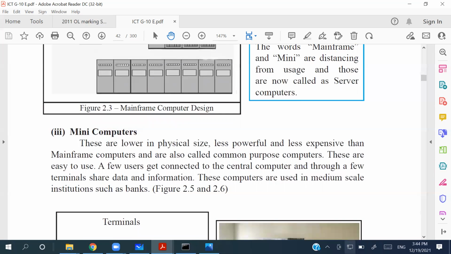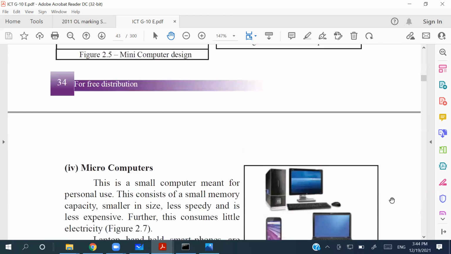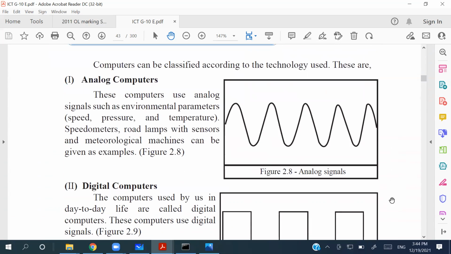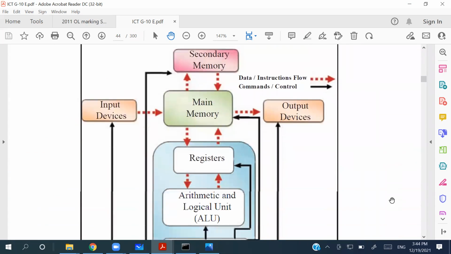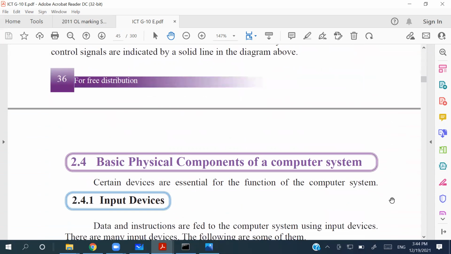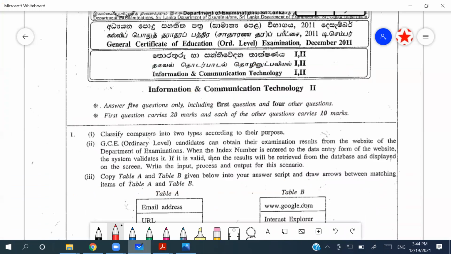The super, mainframe, mini, and micro, that is regarding the physical size, and the analog, digital, and the hybrid, that is regarding the technology. Right? Earlier, they had this general purpose and special purpose, but it won't harm you if you know about this, but still you can have the marks for that. So first one, people take 2 marks even if you are not answering that.